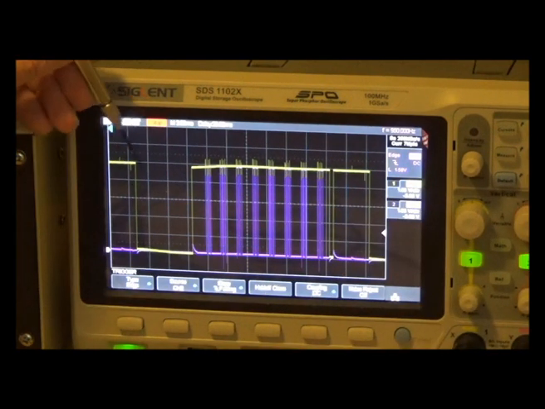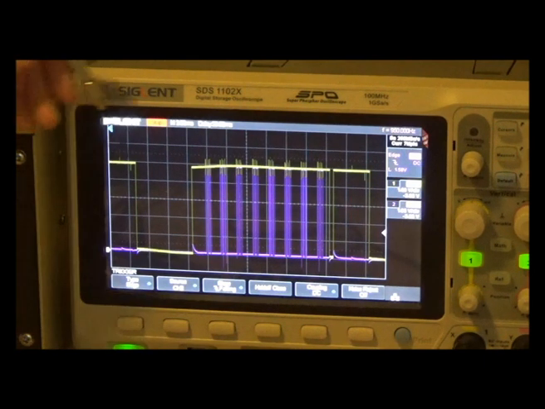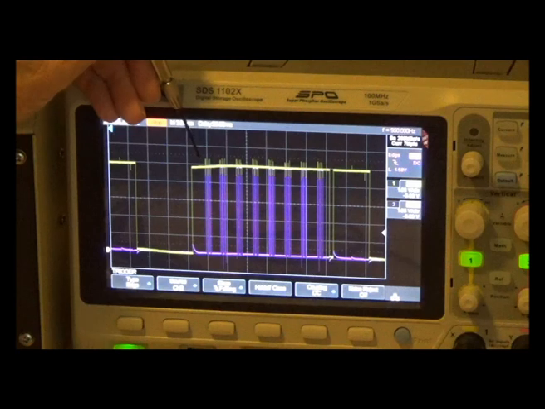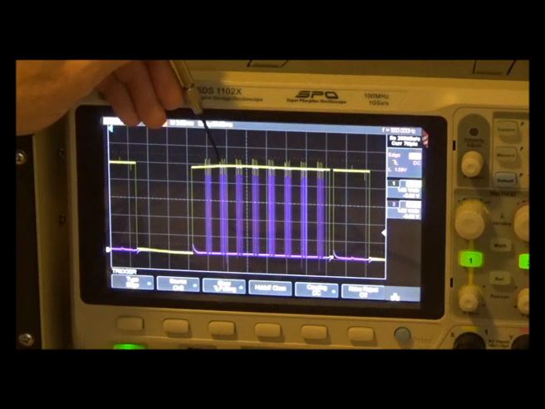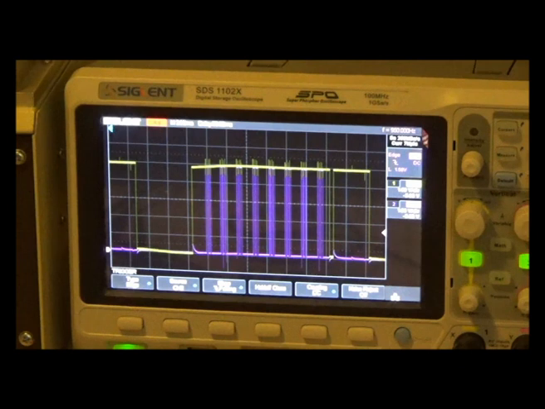The primer pulse is here. The width of this one is 5.8 milliseconds, and this is the highest priority chip, chip number 8. It sends the address and instruction and the amount of data to follow here, and it follows it with 1, 2, 3, 4, 5, 6, 7 data bytes.